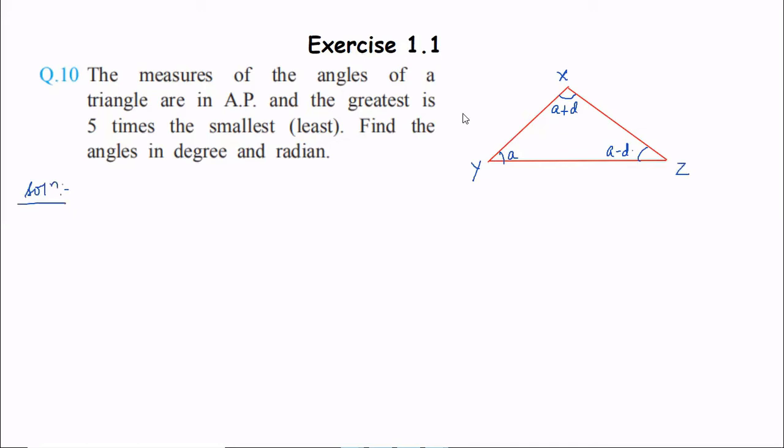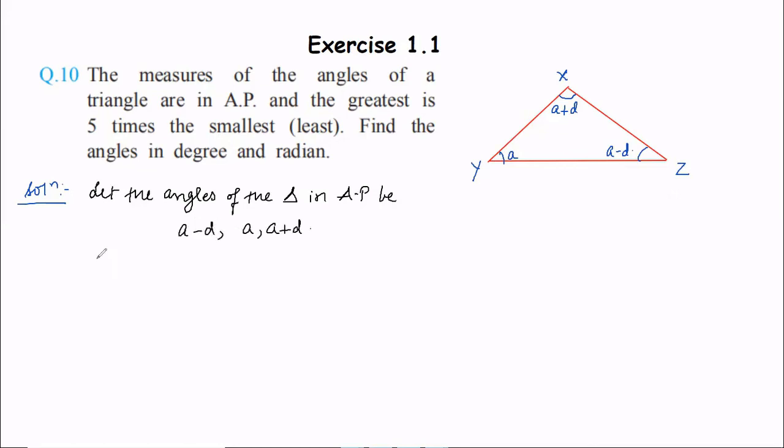So let's begin. Let the angles of the triangle in AP be a minus d, a and a plus d.